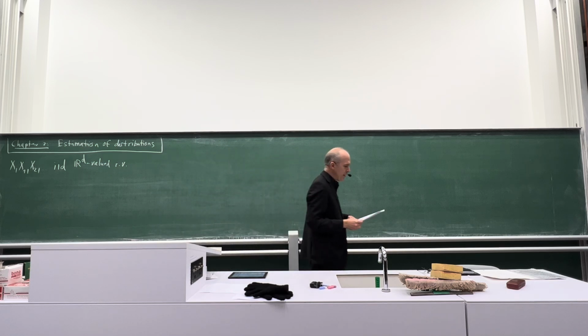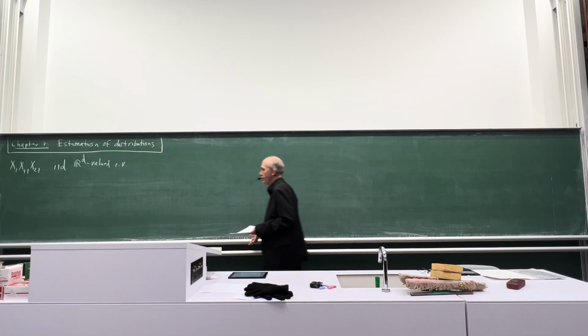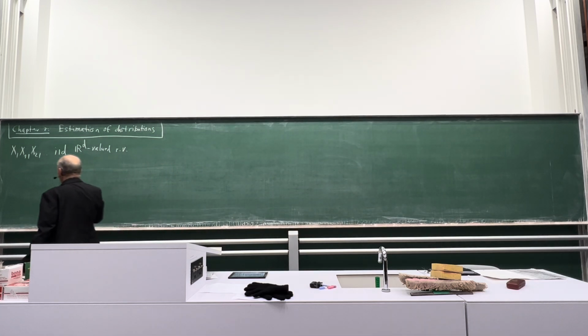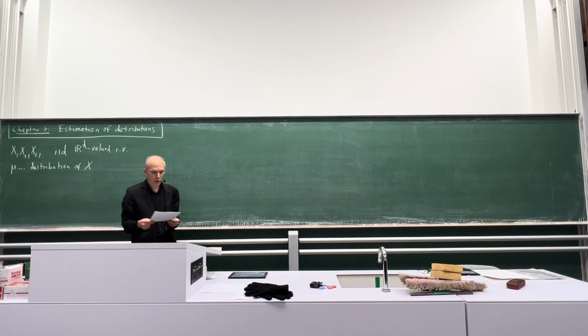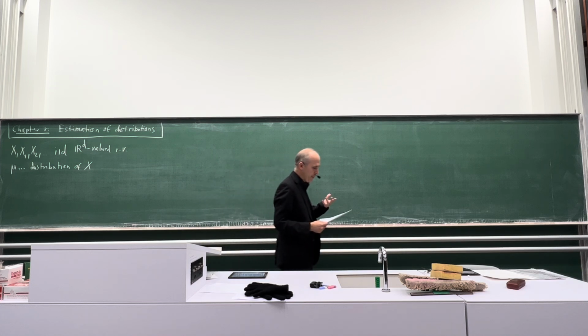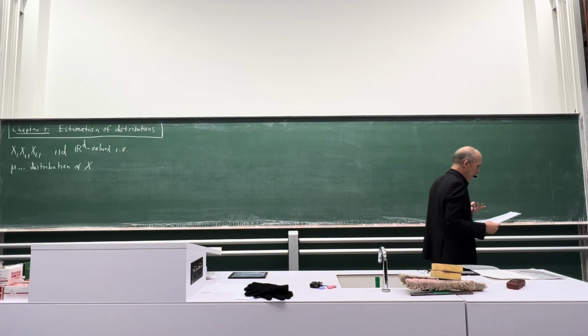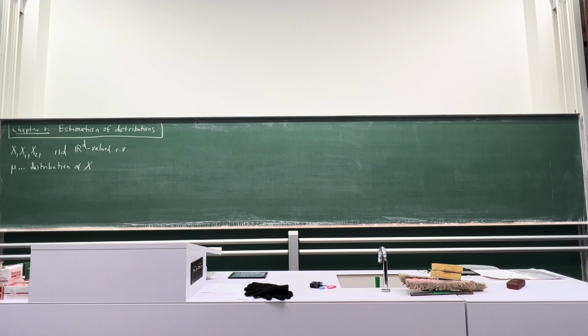I denote by mu the distribution of X. That means that mu is some function from the set of Borel sets in R^d to R plus, so that mu of a set B is P_X of B, the probability that X is in B.